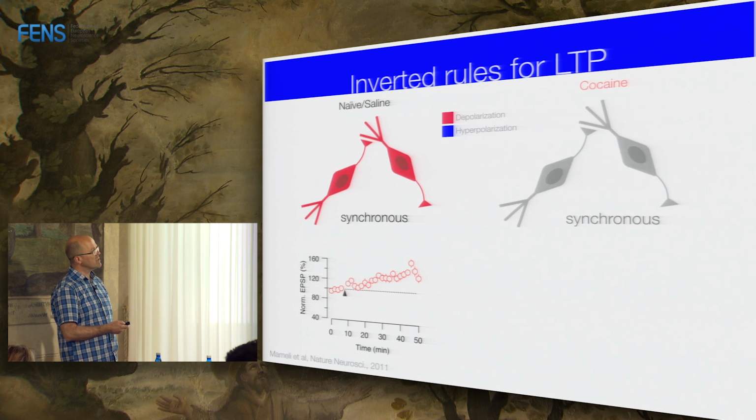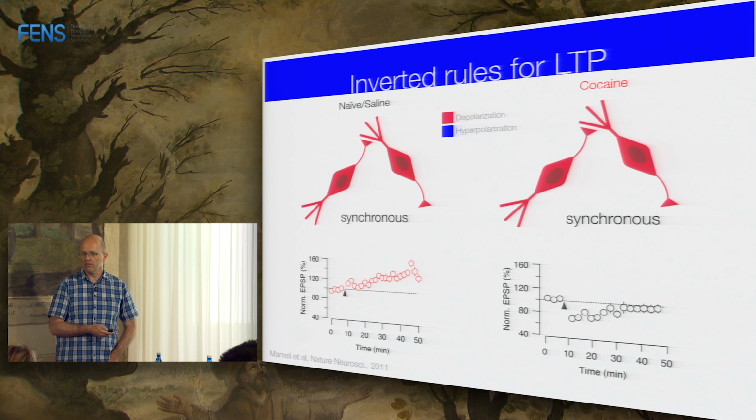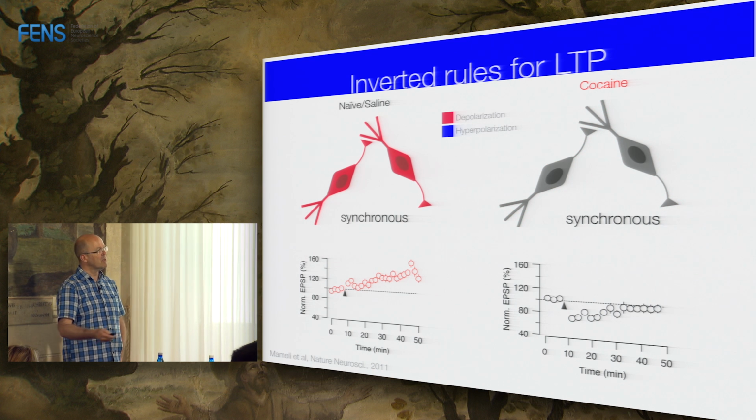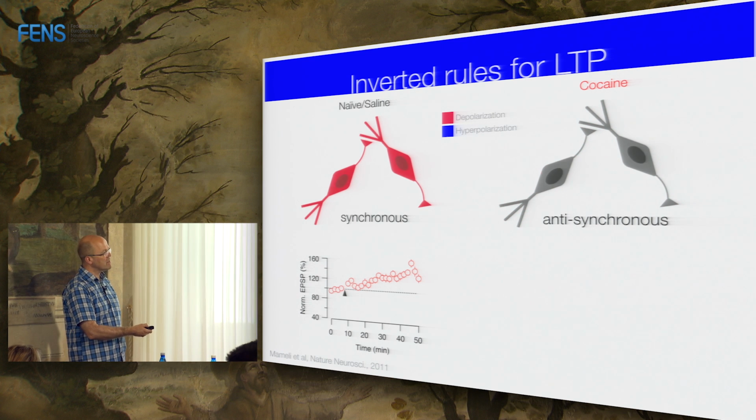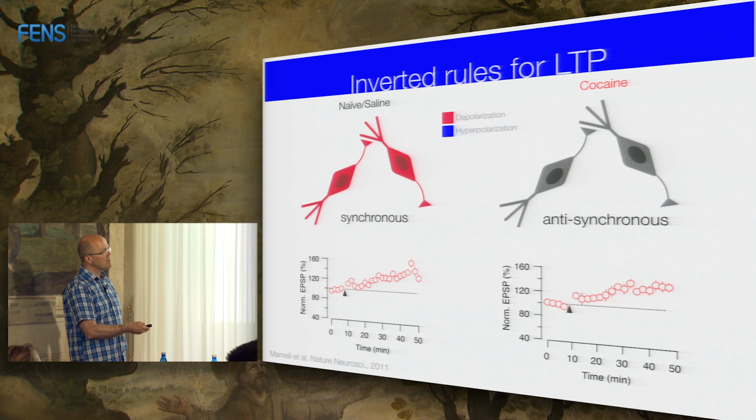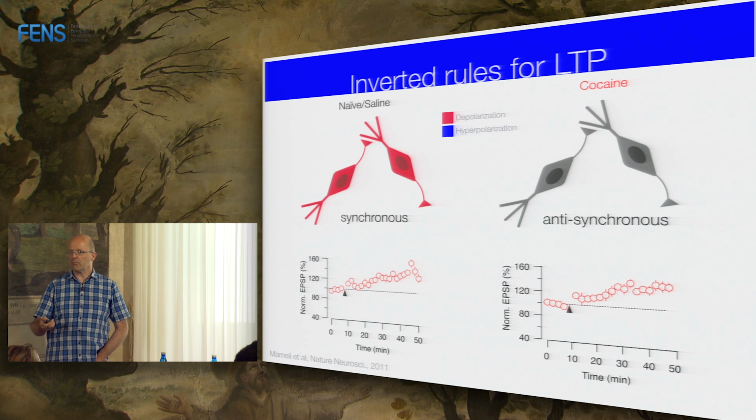In the situation where you have this synchronous release but after cocaine expression, since these NMDA receptors that can conduct while being depolarized are no longer present, you lose the ability to induce LTP.